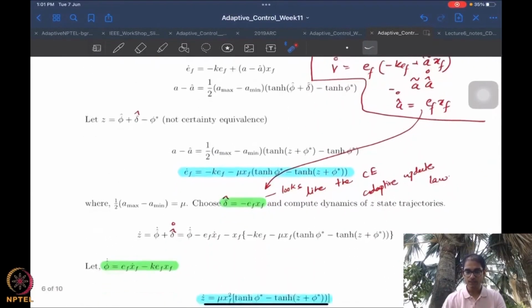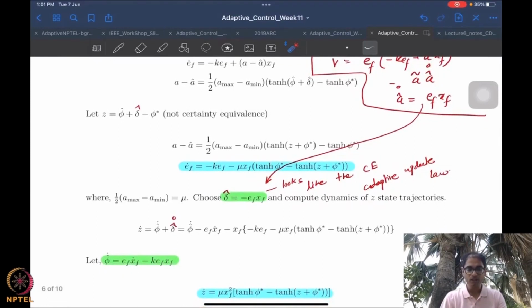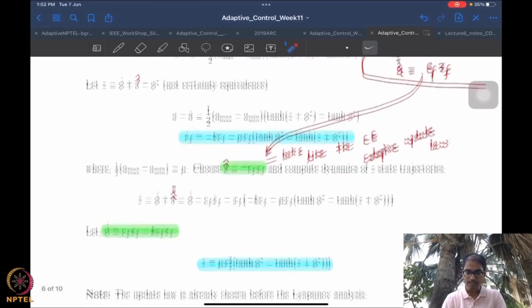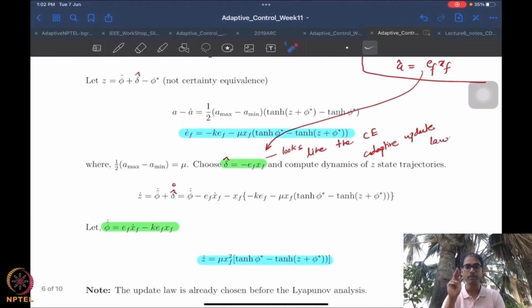We had the EF dynamics written in terms of the new parameter error Z. Again, a new expression instead of A tilde, because we are using a non-certainty equivalence paradigm. So we had an EF dot dynamics and we had a Z dot dynamics corresponding to the parameter error. All right.